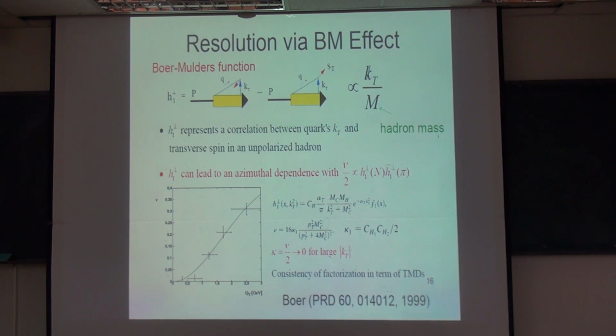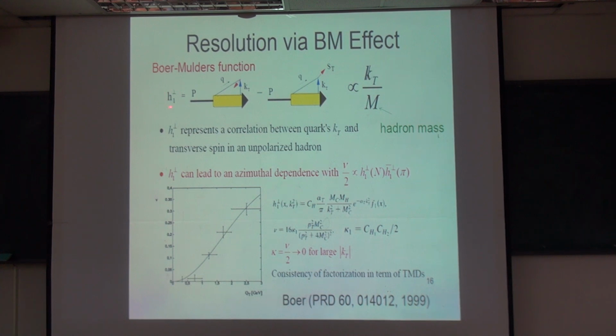Another possibility is that if the quark spin can correlate with the quark transverse momentum, then we can have the transverse spin. If these two quantities have a correlation, they define the so-called Boer-Mulders function, which is proportional to this KT slash. Then this KT slash will give us the transverse spin.